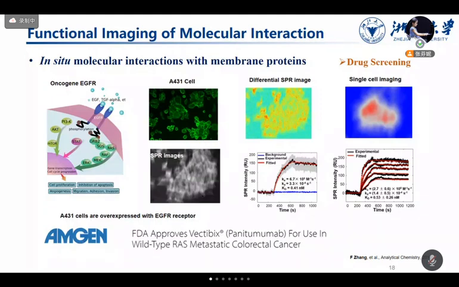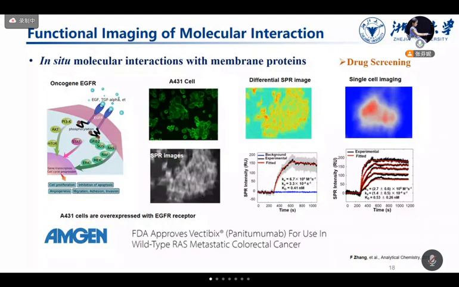From our signals, we can see very obvious binding signals here, which indicate the antibody drug really binds to its target. And from the binding curve, we can get the kinetics, which is the association rate. It tells us how fast the drug reacts with the target. We also get the dissociation rate constant, which tells us how long it can stay with the receptor.